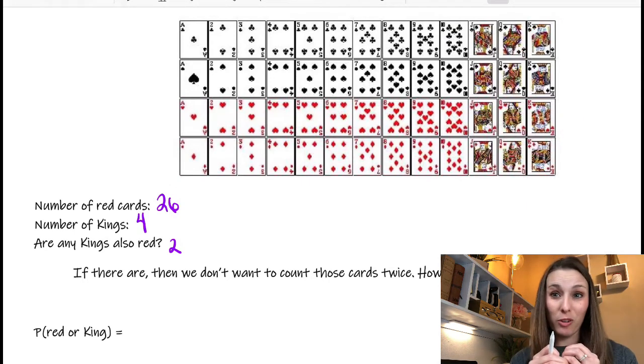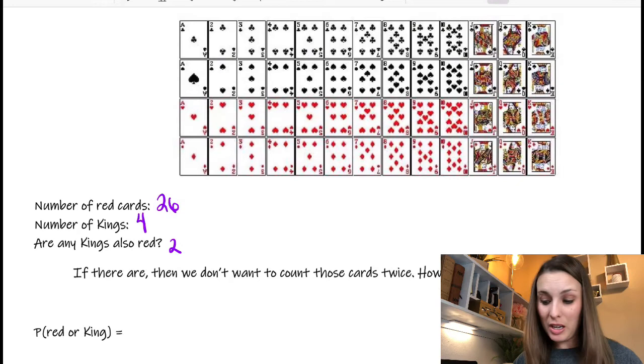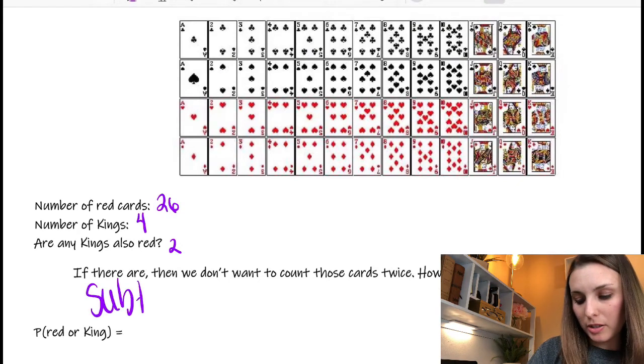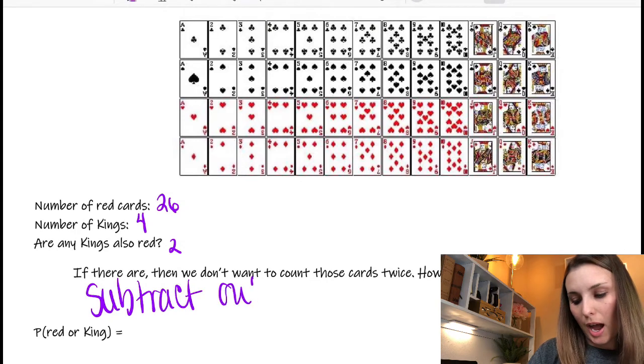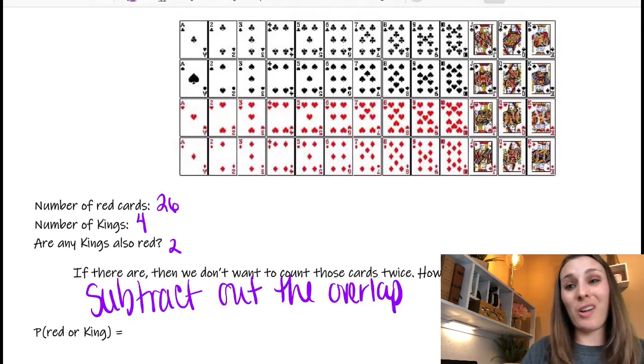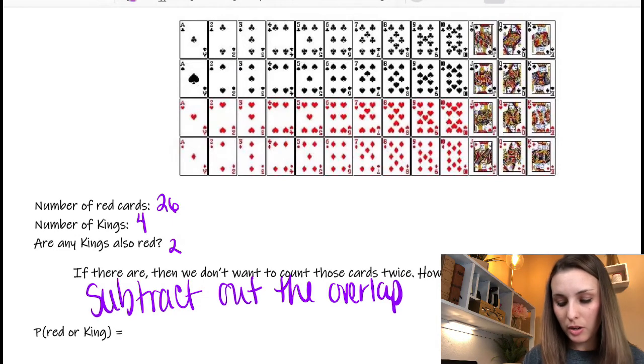So there's this overlap, and I don't want to include that overlap in my computation because then I'm counting it twice and now my probability is off. So we will subtract out the overlap. We don't want to count it twice, so we're going to subtract it out.